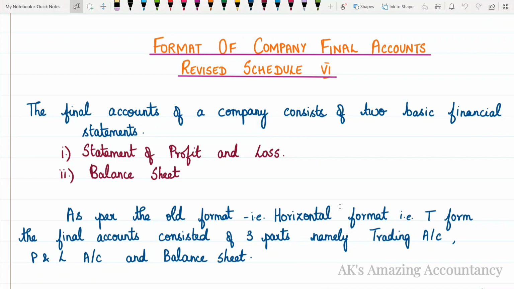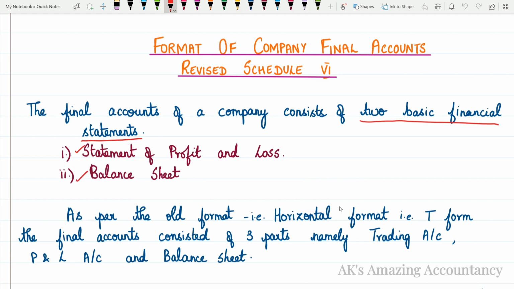As per the revised Schedule 6, the final accounts of a company consist of two basic financial statements. So these two basic financial statements include number one, statement of profit and loss, and number two, balance sheet.